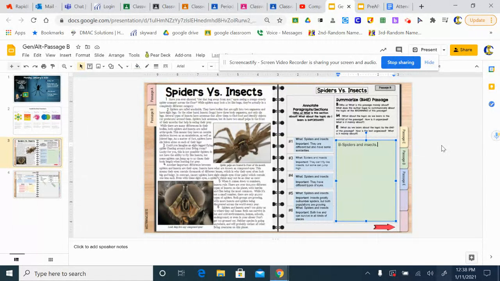But it says spiders are arachnids. Because they're considered arachnids, their bodies are split into 2 segments and have 8 legs. Okay, so you put here: spiders' bodies are different from insects.